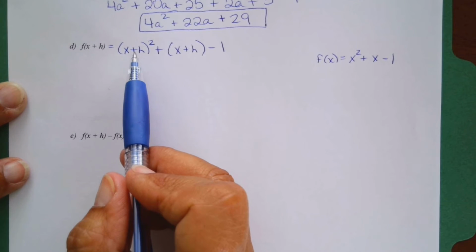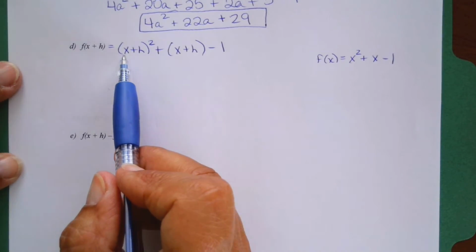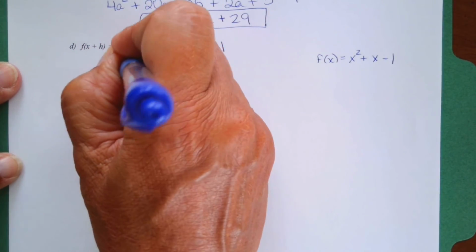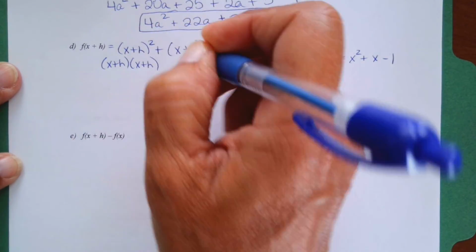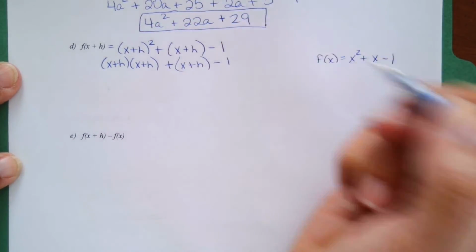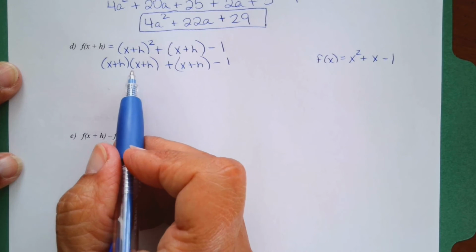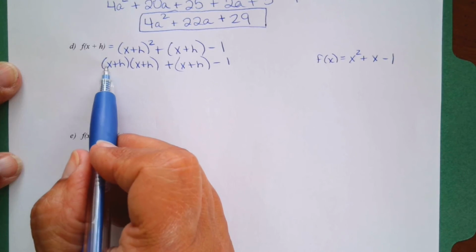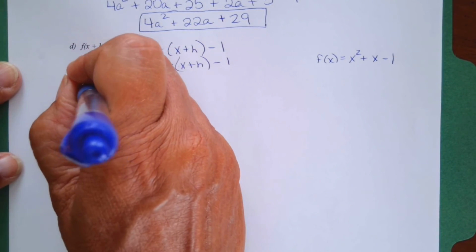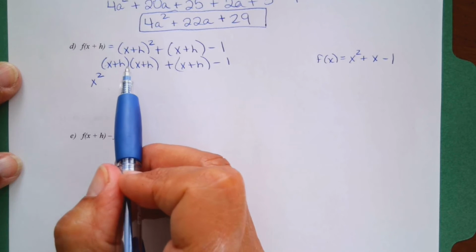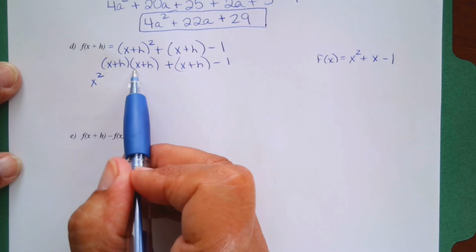All right, so the same thing here, we're going to FOIL, okay, that's x plus h times x plus h. That's what squared means. Then we'll do the x plus h and then minus 1. So we're going to FOIL first, just like we did above. First, outer, inner, last. So first, x times x, x squared. Outer is an xh, and inner is also an xh.